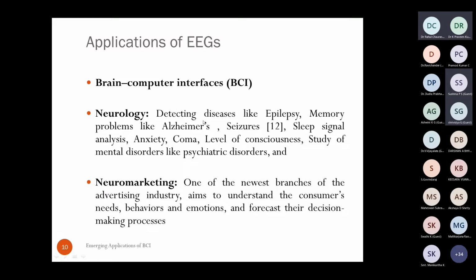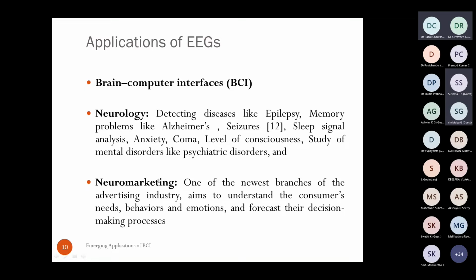So they can be used to detect epilepsy, memory problems like Alzheimer's, seizure detection, sleep signal analysis, anxiety detection, coma detection, level of consciousness of a person, whether you are properly conscious or not, and study of mental disorders like psychiatric disorders. And there is a new topic called neuromarketing. This is still a research topic for commercial companies.